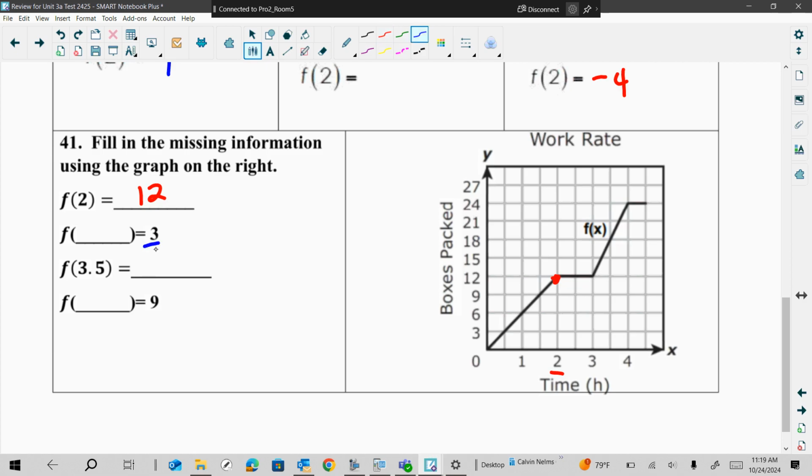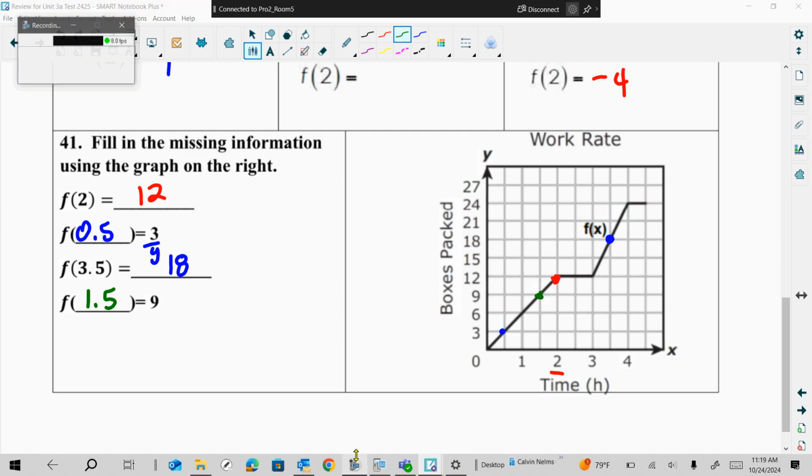This 3, guys, is the y value. So you have to go here. Yeah, so 0.5. Good. Now we're looking for 3.5. 18. Yep, this is 18. And what is the x value when it's 9? You just go up until you find the value.